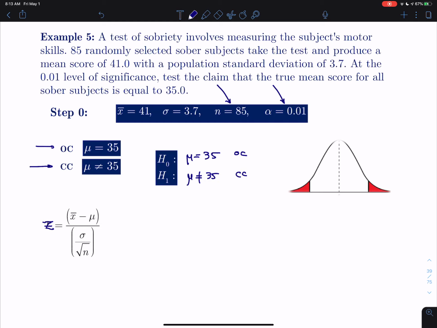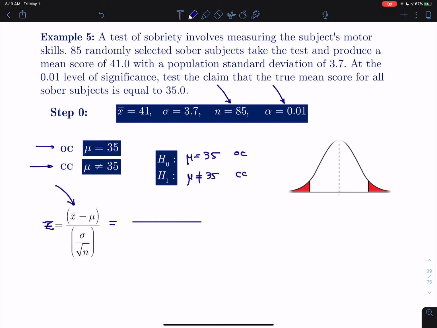Now my second step is to calculate that numerical value, the test statistic. Since I'm testing the mean and sigma is given, and you have all these formulas on your formula sheet, that's the formula I'm going to use. So it's a question of just plugging in the values.